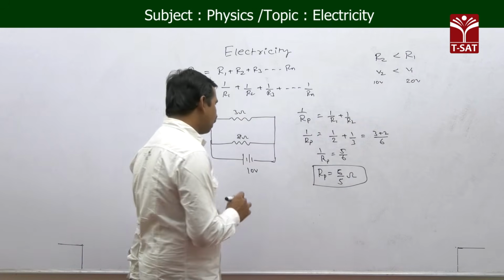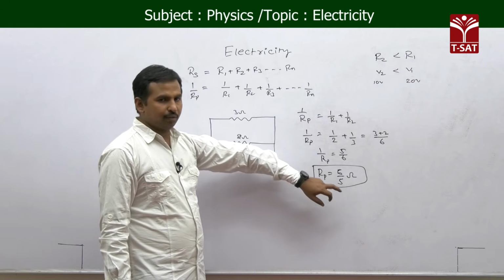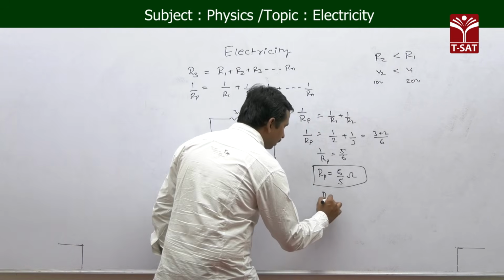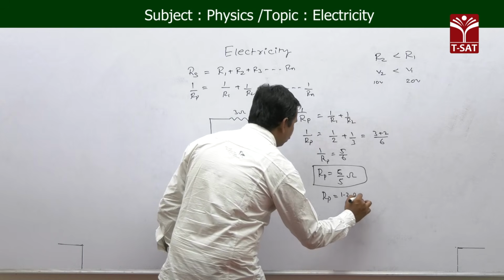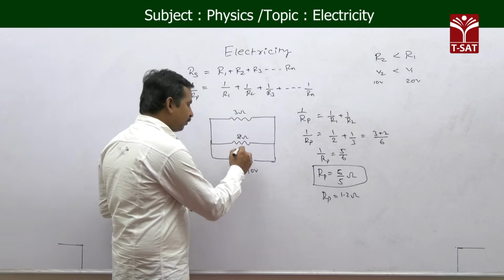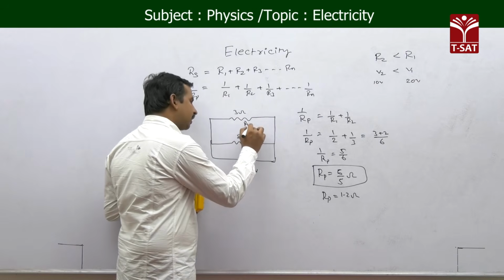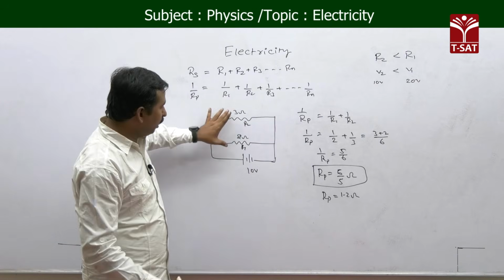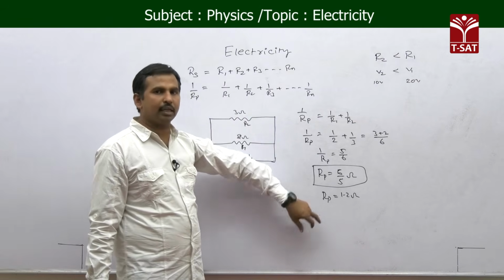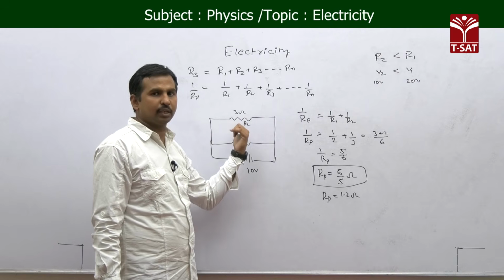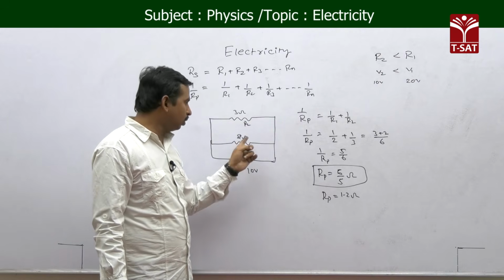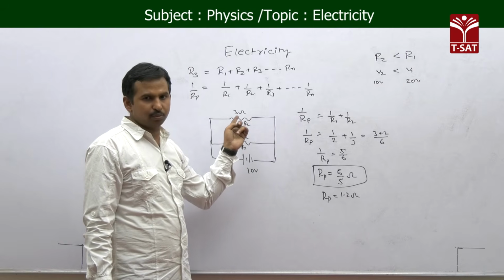Another important thing: compared with the individual resistances of 2 ohms and 3 ohms, this Rp value is less than both of them.